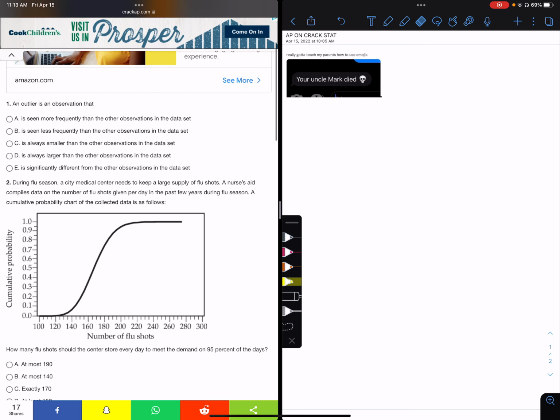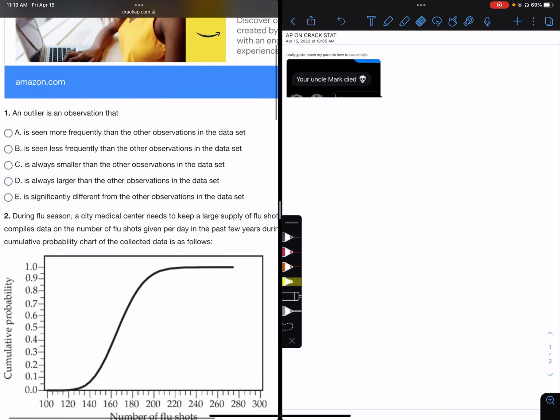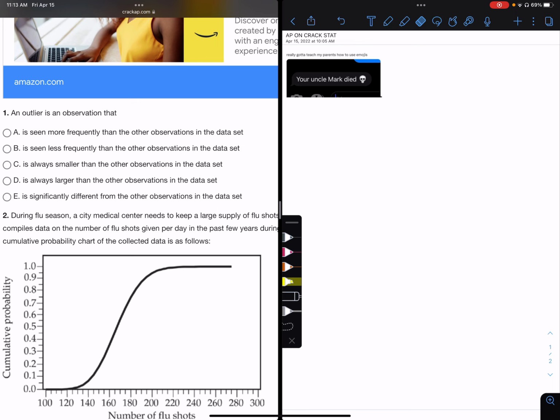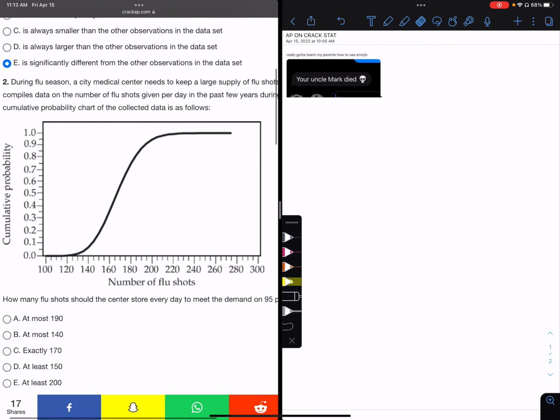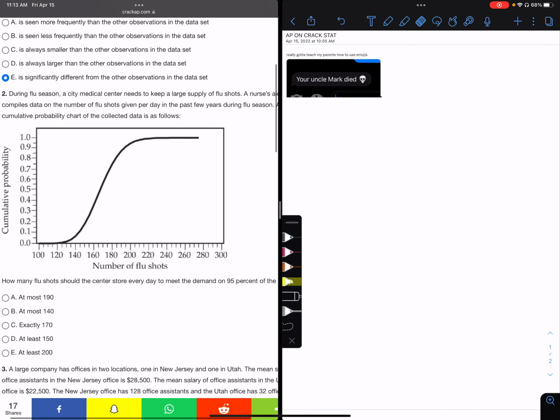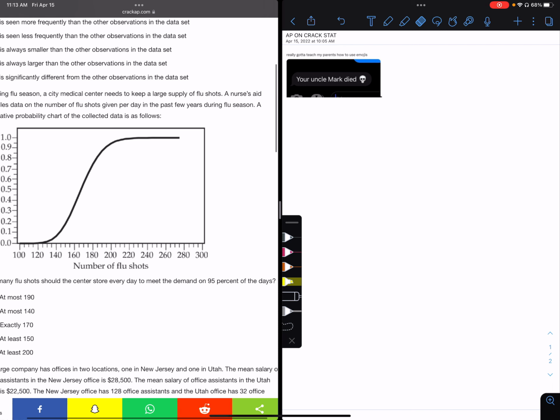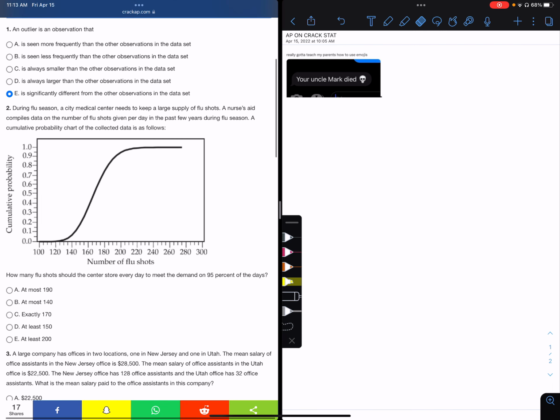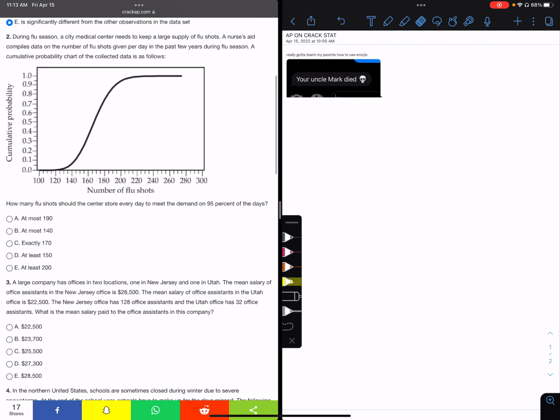All right, an outlier is an observation that is significantly different. During flu season, the medical study center needs to keep a large supply of the flu shots, and a nurse aide compiles data on the past few years during flu season. The cumulative probability chart shows.